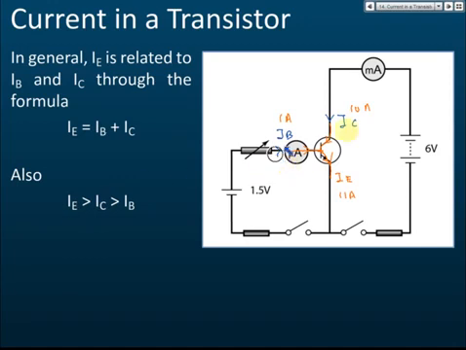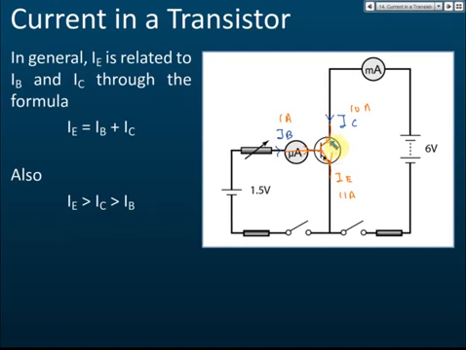Then how about IB and IC? Which one is higher? IC. Why? Because we already learned that the base is very thin and lightly doped, so a lot of electrons, when they move into the base, do not fall into a hole.